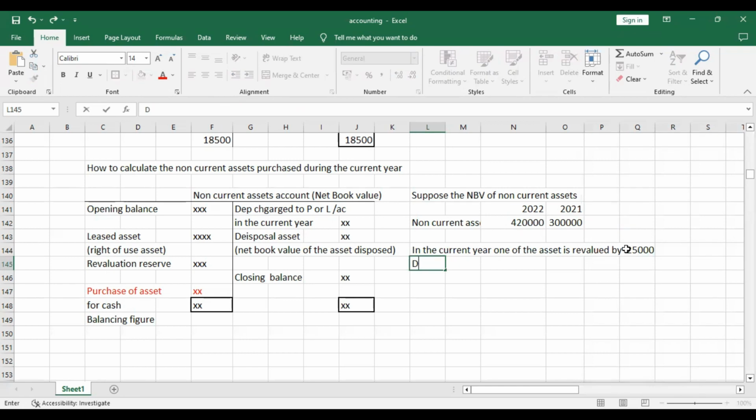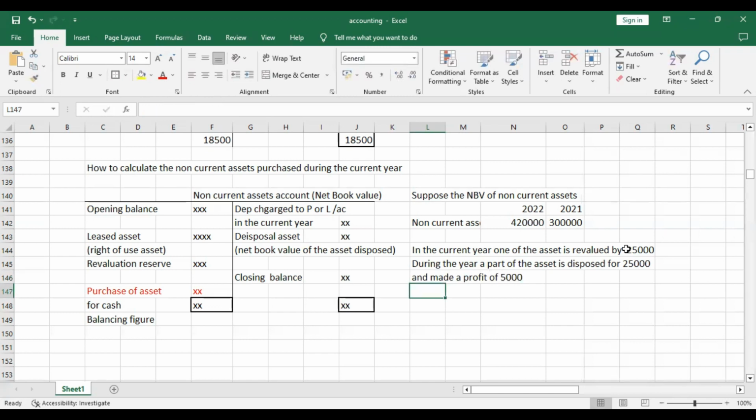Then during the year a part of the asset is disposed for 25,000 and made a profit of 5,000. We have been given the opening balance and closing balance. And in the current year, one of the assets is revalued, and during the year, a part of the asset is disposed.